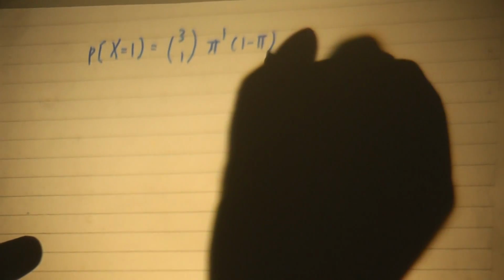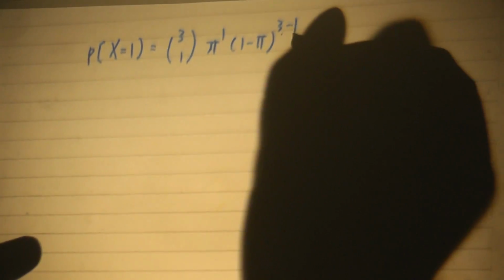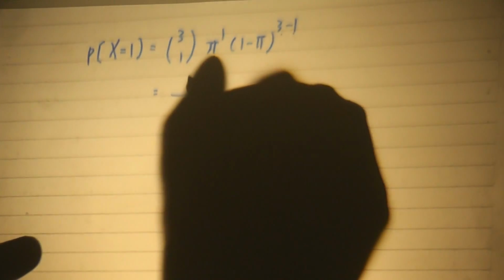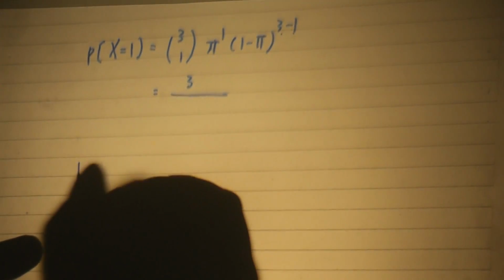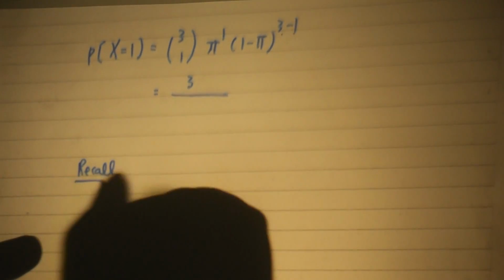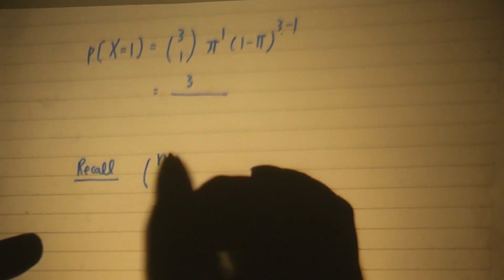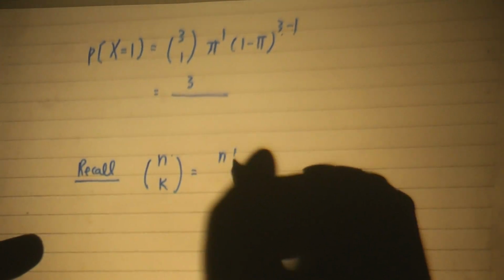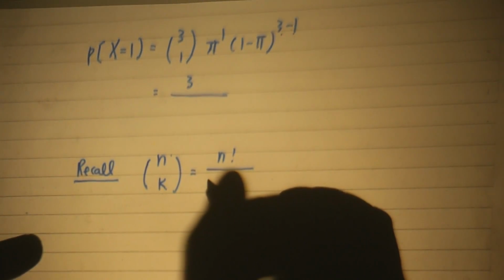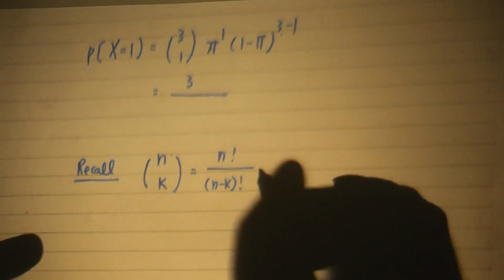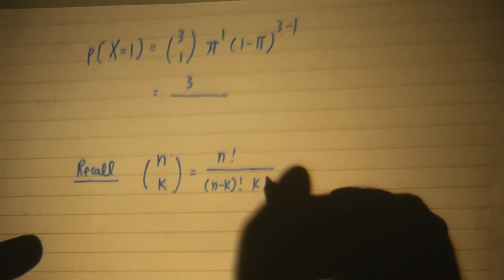Now, probability x equal to 1 is, in our example, 3 choose 1, pi to the power 1, 1 minus pi to the power 3 minus 1. That means we get 2 tails. 3 choose 1, the formula is, recall the combination formula. n choose k is n factorial over n minus k factorial, and then divided by k factorial.